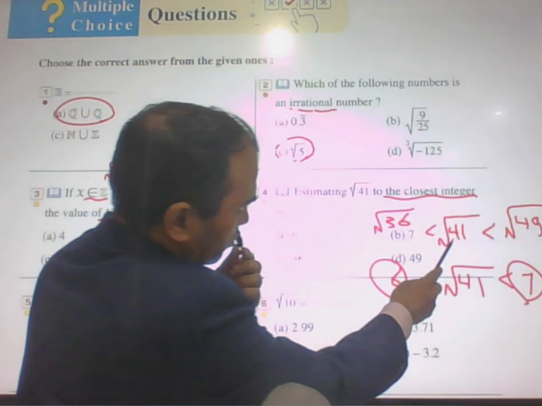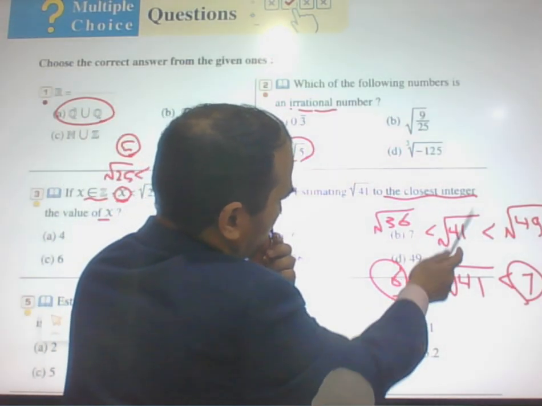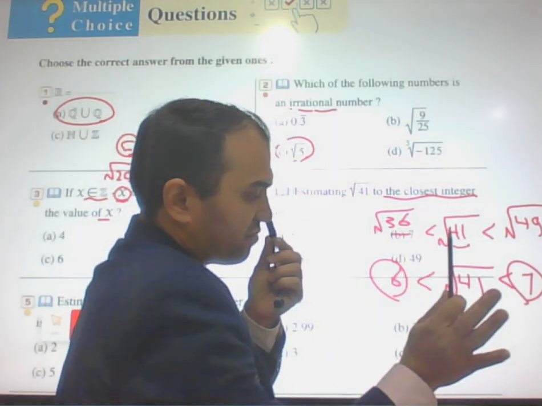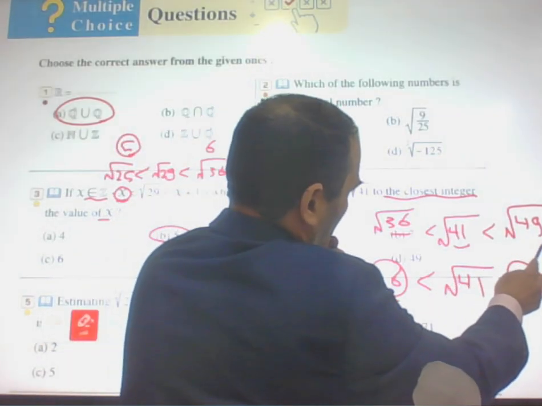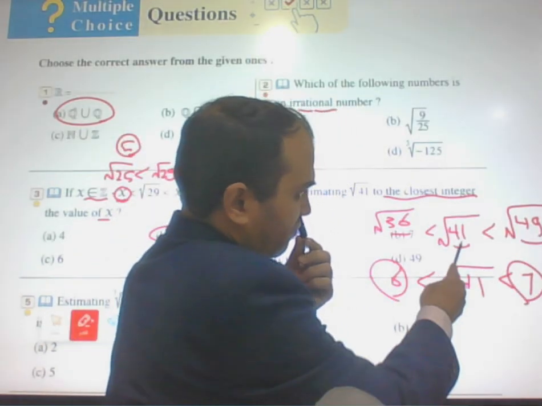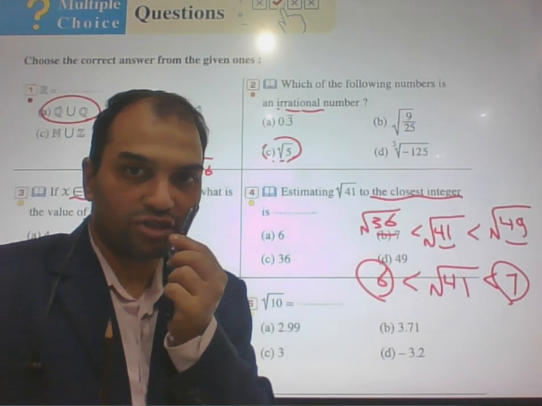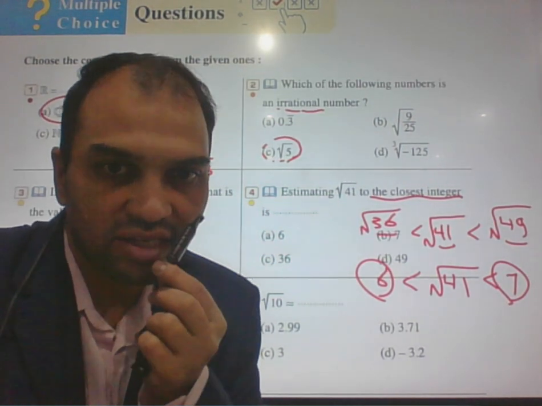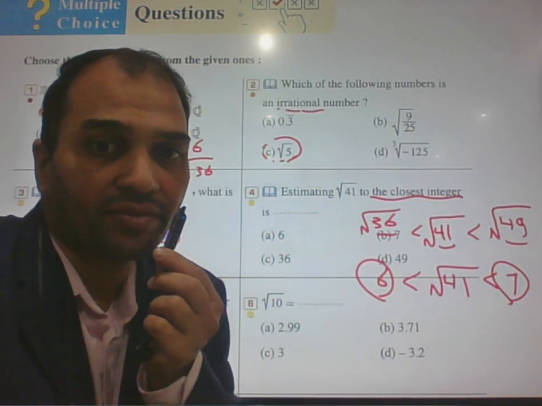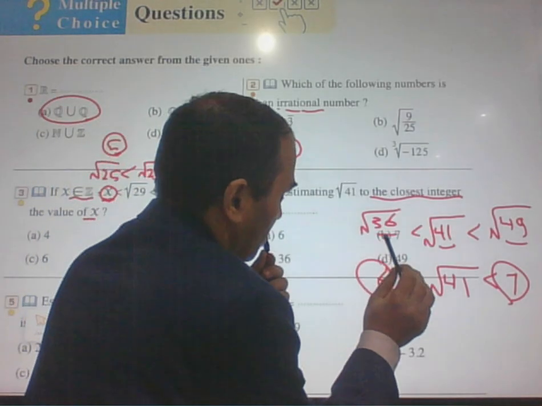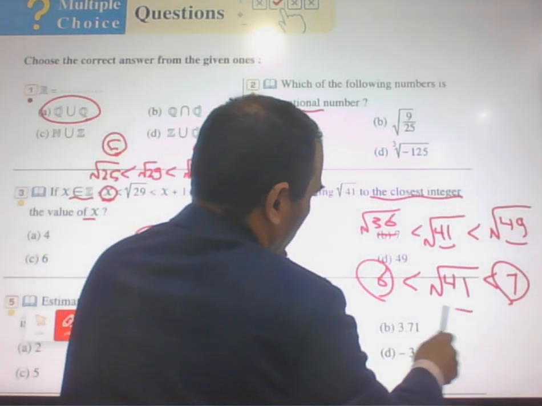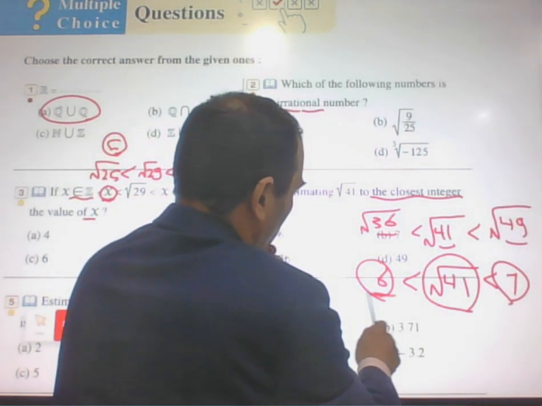Look here, 41 and 36. The difference between 41 and 36 is 5, but the difference between 49 and 41 is 8. So square root of 41 is nearer to square root of 36. Then the approximation is that square root of 41 is nearest to 6.